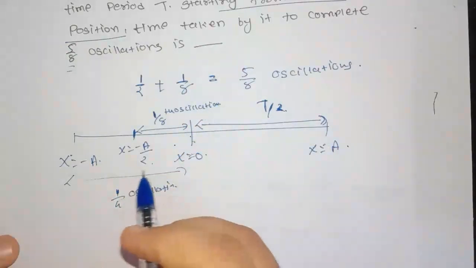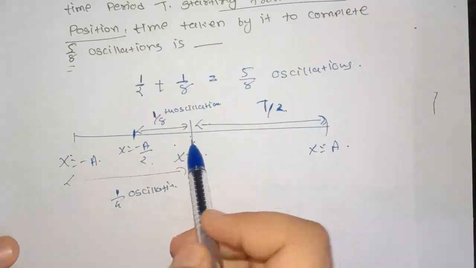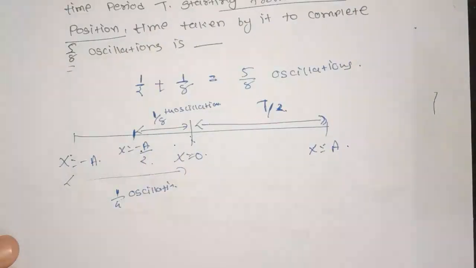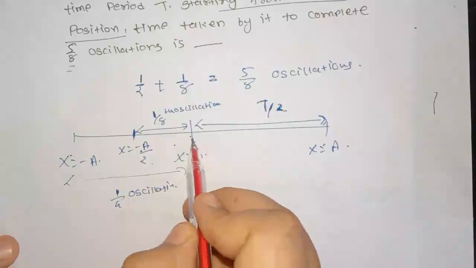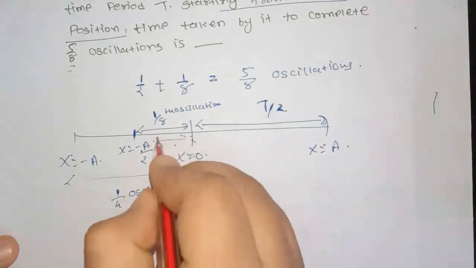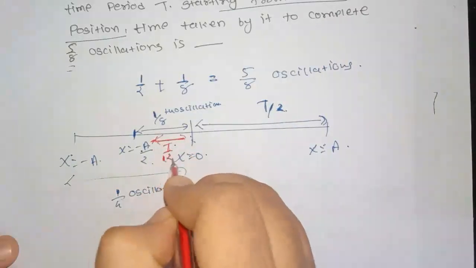And we have seen time taken by particle to move from x is equals to 0 to half of the amplitude value, that will be T by 12. So this time from x is equals to 0 to x is equals to A by 2 will be equal to T by 12.